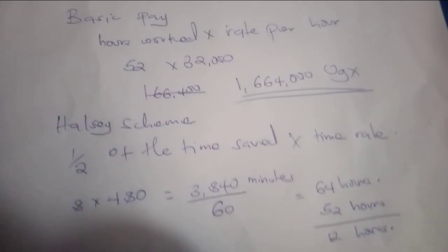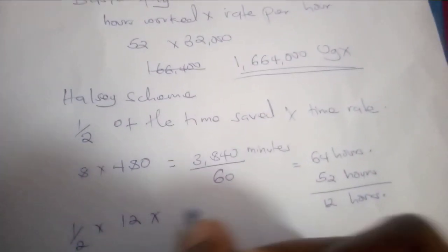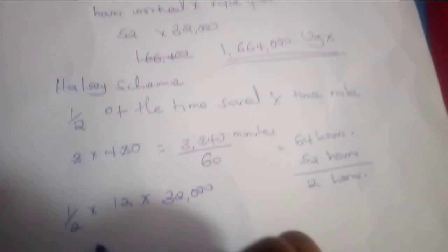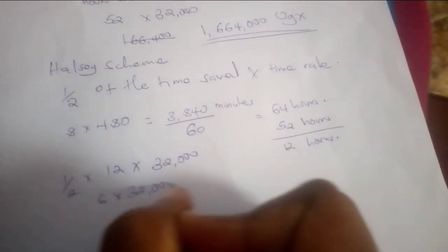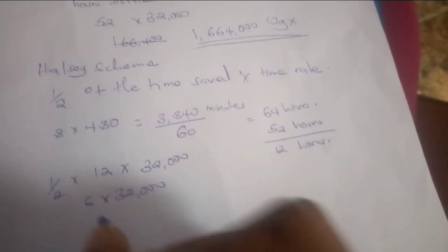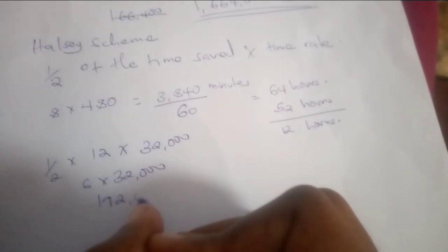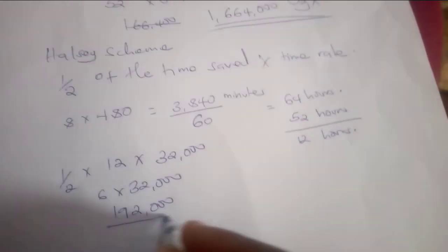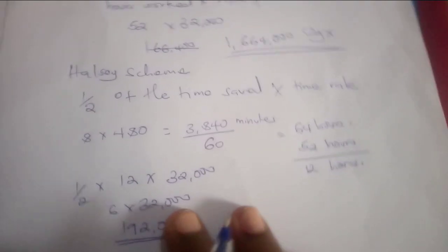So half of 12 hours times the time rate, which is 32,000. So this will be 6 times 32,000, and it is going to be 192,000. So that is the bonus under the Halsey scheme.